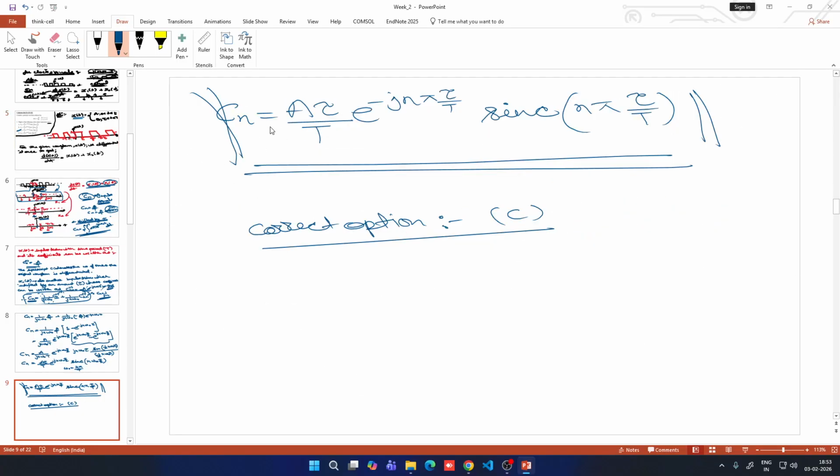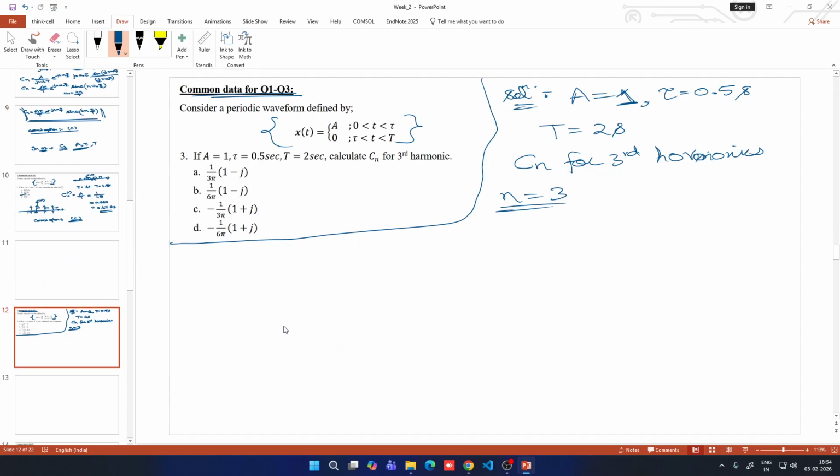So in question 3 they have asked C of 3, and they have also given the values of A, tau and T.